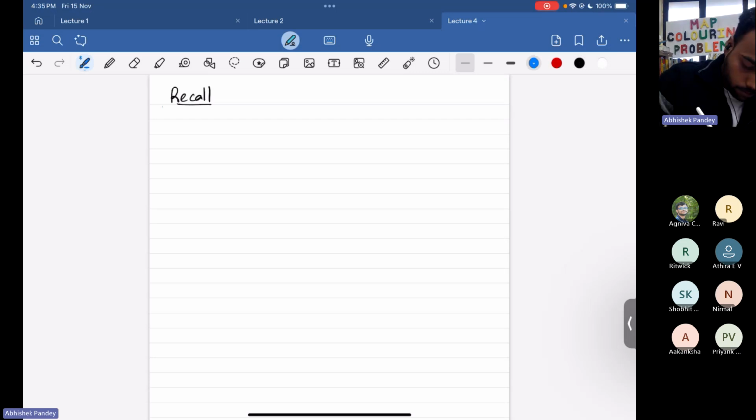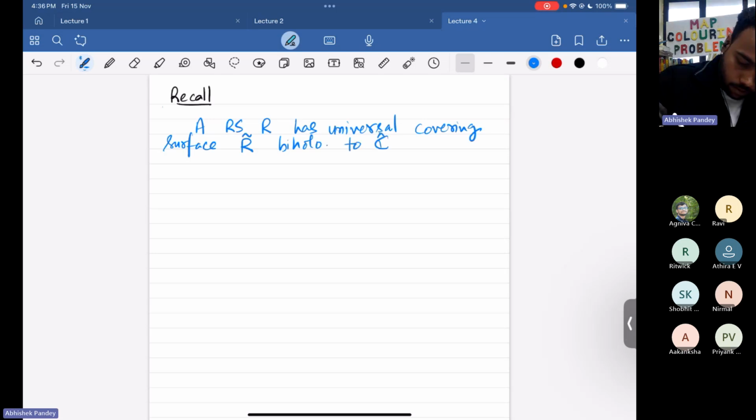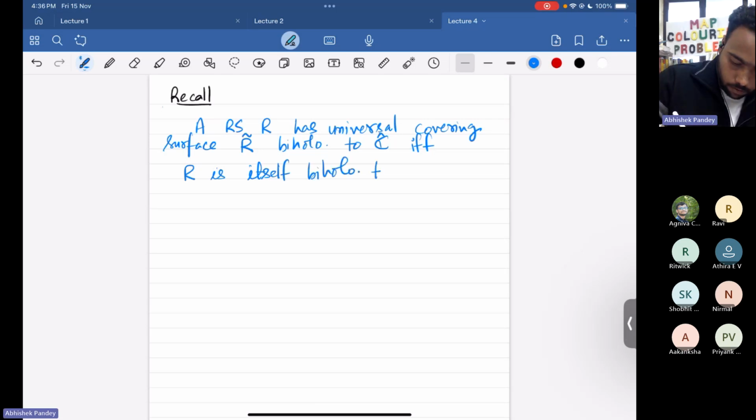The first thing is that we have seen a Riemann surface R has universal covering surface, let us say R tilde, biholomorphic to the extended complex plane if and only if R is itself biholomorphic to the extended complex plane.